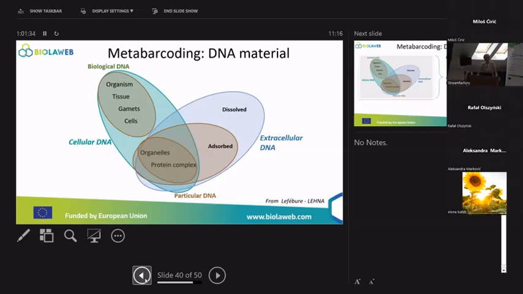Yes, and it really depends on the matrix where you are. Okay, Clarisse agrees. If you are in sediments with no oxygen, the DNA will be more constant. And if you are, for instance, in the biofilm, for sure it's always with lots of oxygen, and there is oxidization, which is very quick. And there are a lot of bacteria which are ready to eat all this DNA.